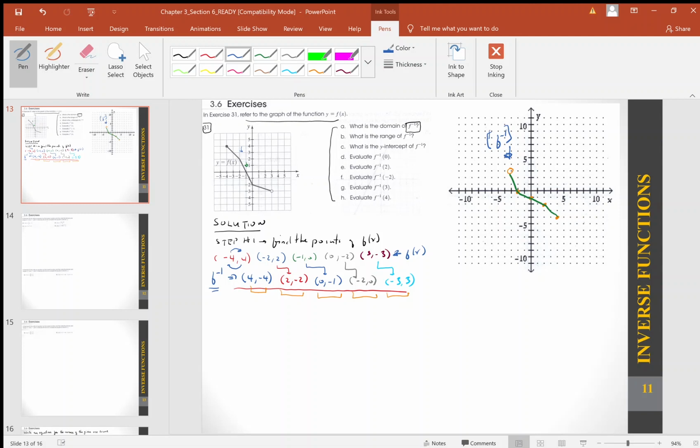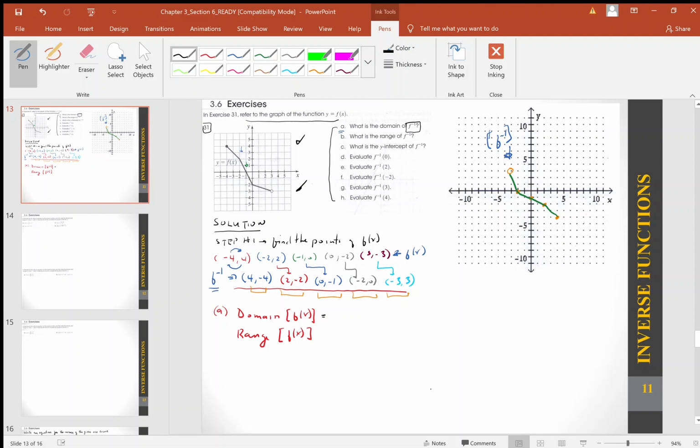Now we're asked to find A, the domain. So your domain of f of x, and then the range of f of x. When you're looking at this, this is your f of x right here.